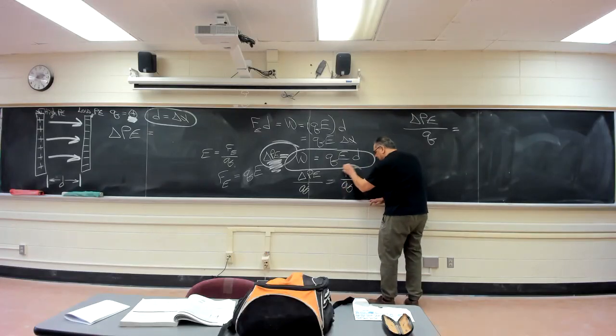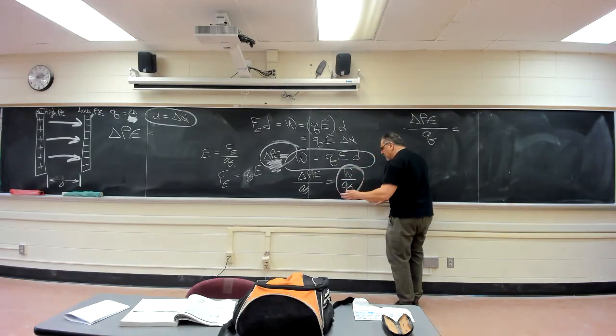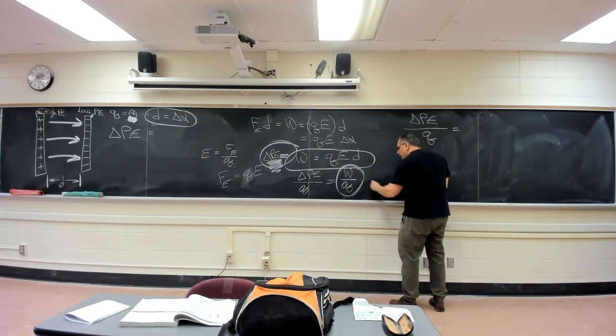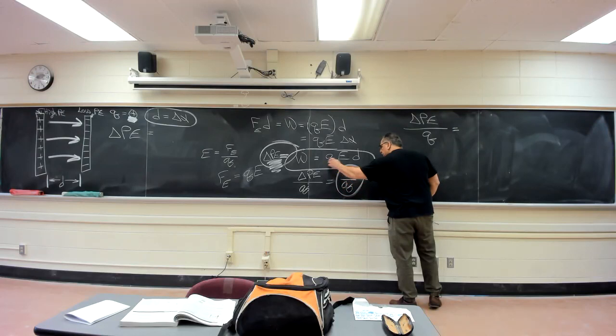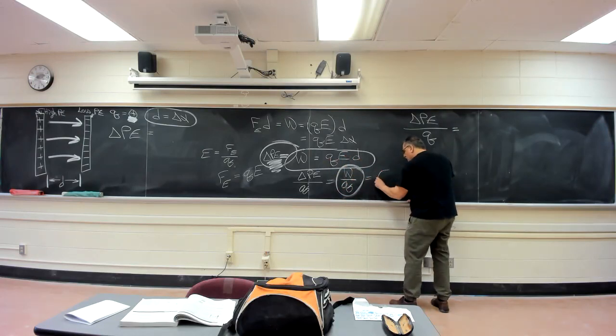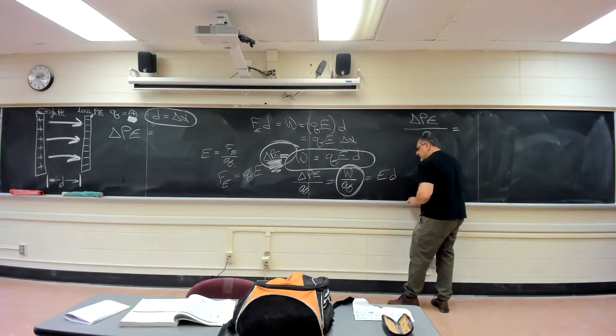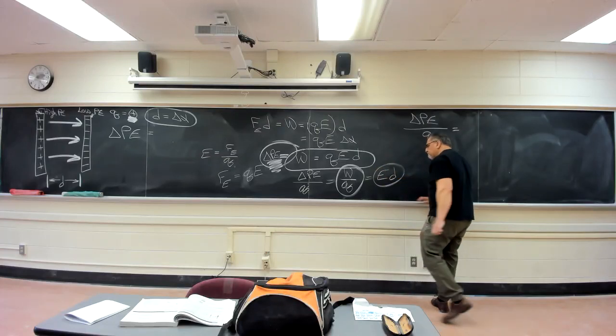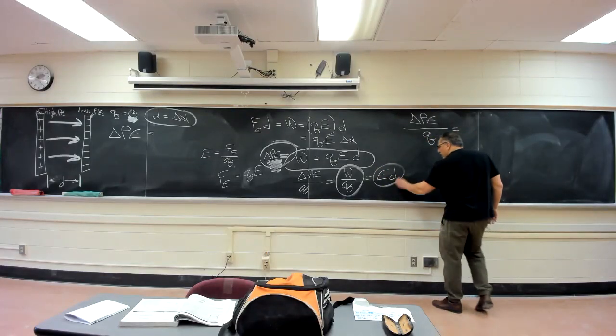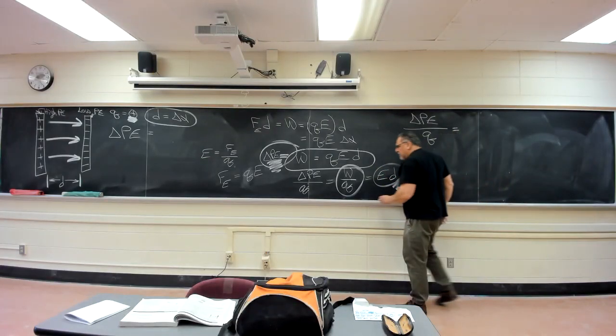We're going to come back to this at some point, not too far down the road. If work is QED and you divide by Q, you got E field times the distance, E times d. So this is kind of a special case scenario.